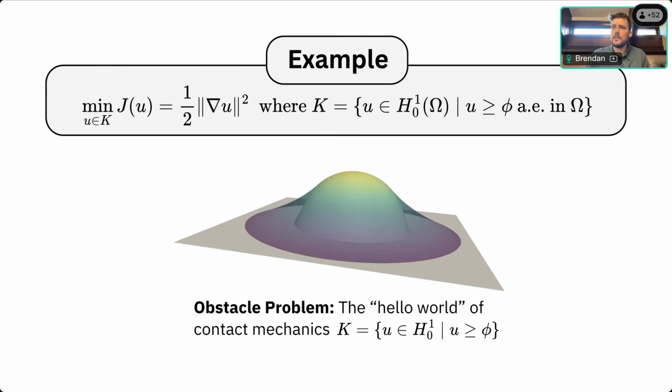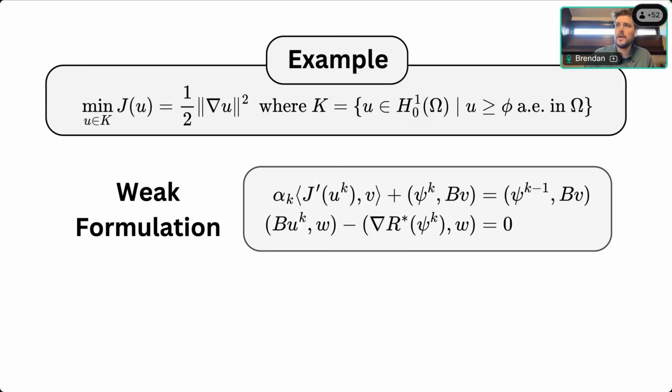So if we apply this to the obstacle problem, for instance, then the weak formulation, I'm going to play substitution here. I'm going to first look at the derivative of J. Well, this is the Dirichlet energy. Oh, sorry, I forgot the order of my own slides.